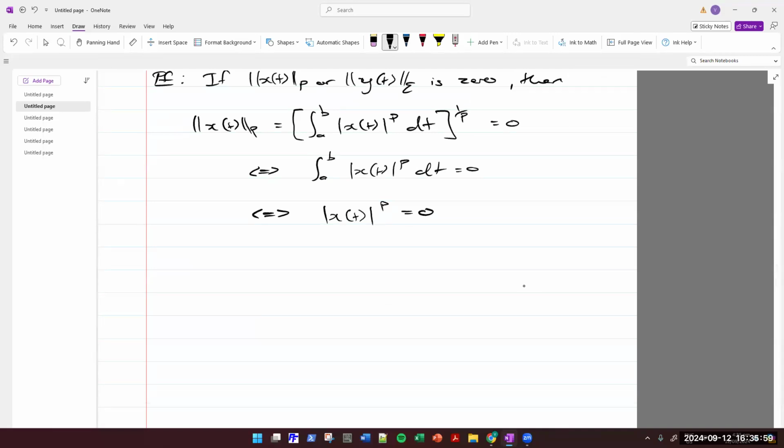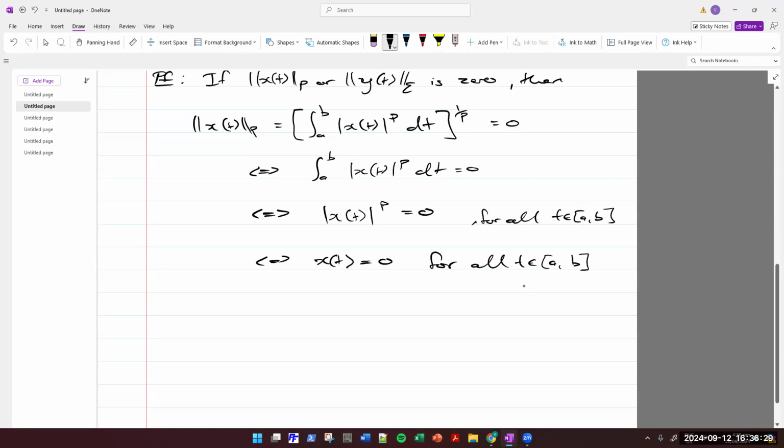Okay, and if the modulus of some number to the power of p is zero, then from here it's straightforward. That means that the term inside has to be zero, and it has to be zero for all t in [a, b]. I should have probably written that all the way. So you get the idea.